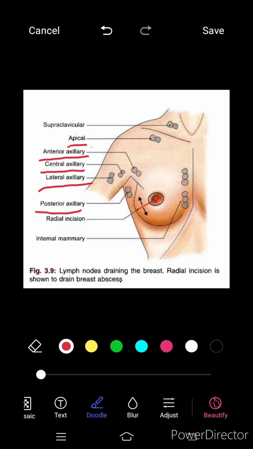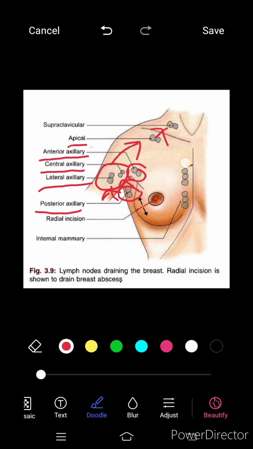Lymph from the anterior as well as posterior goes to the lateral and central lymph nodes, and from here to the apical lymph nodes, and from the apical lymph nodes it passes to the supraclavicular lymph node.